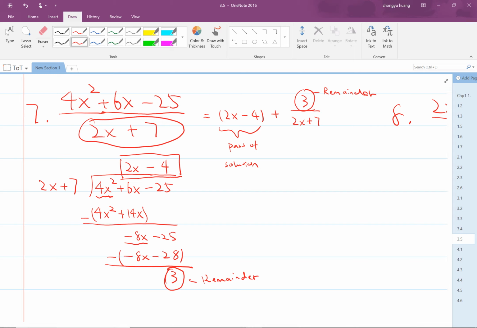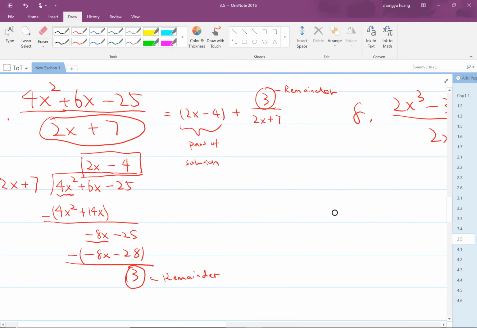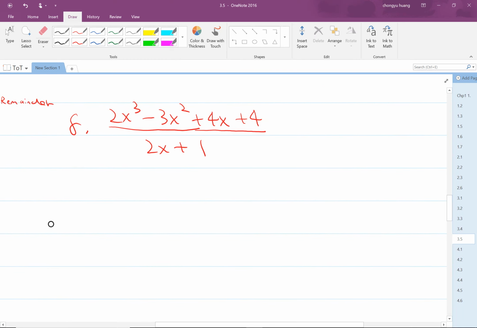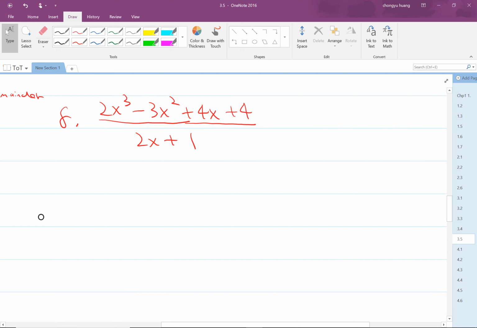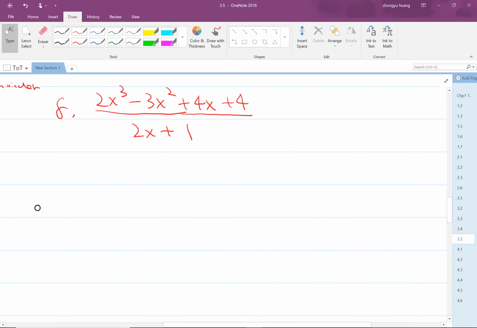Okay, so now let's move into question 8, I believe. Question 8, you look at it, you feel it's quite confusing, right? It's actually quite confusing. They're still using the old method, I guess. Of course, we haven't learned anything about the factor yet.